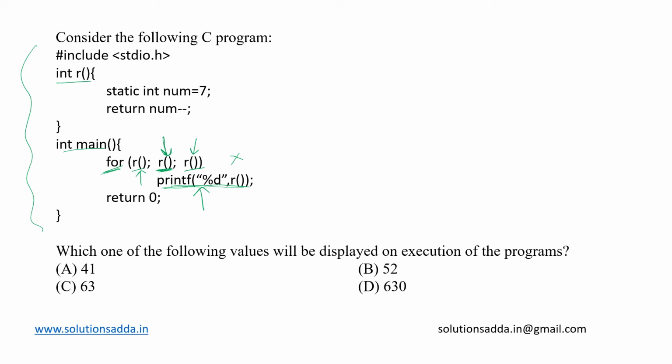Now let us look at this function R. What it is doing is, it has a static variable int num initialized to 7 and it is returning num minus minus, which means the value of num with a post decrement applied to it. So for the first time, let us take this for loop over here, the condition and increment decrement operation.